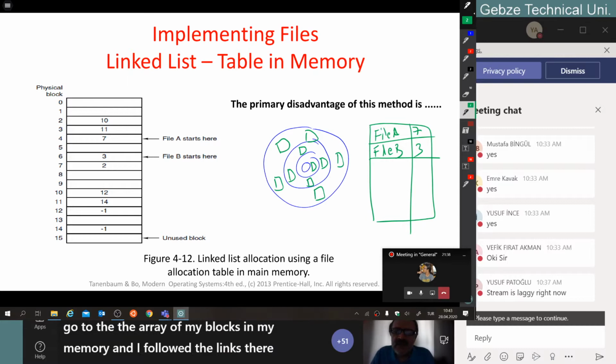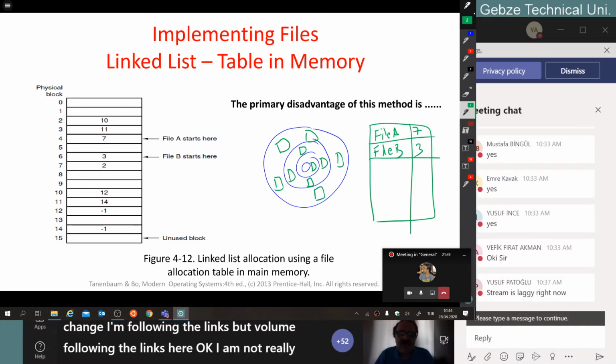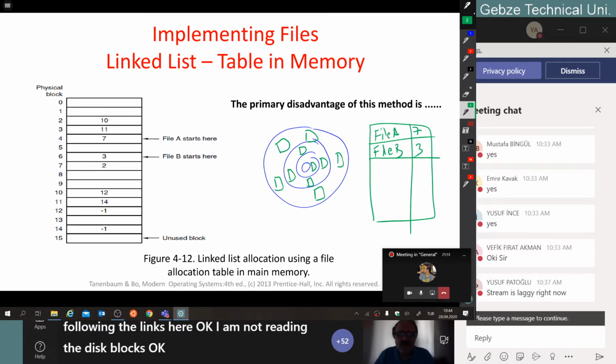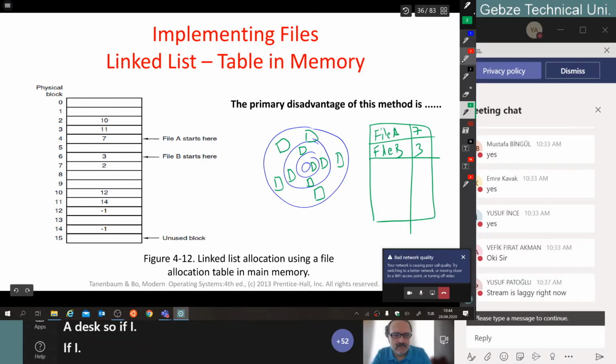So following the links did not change. I am following the links, but while I am following the links here, I am not reading the disk blocks. So I am doing a very fast thing compared to disk access. Still it's a linked list, but my linked list is in the memory, not in the disk. Okay, 7 links to 7.